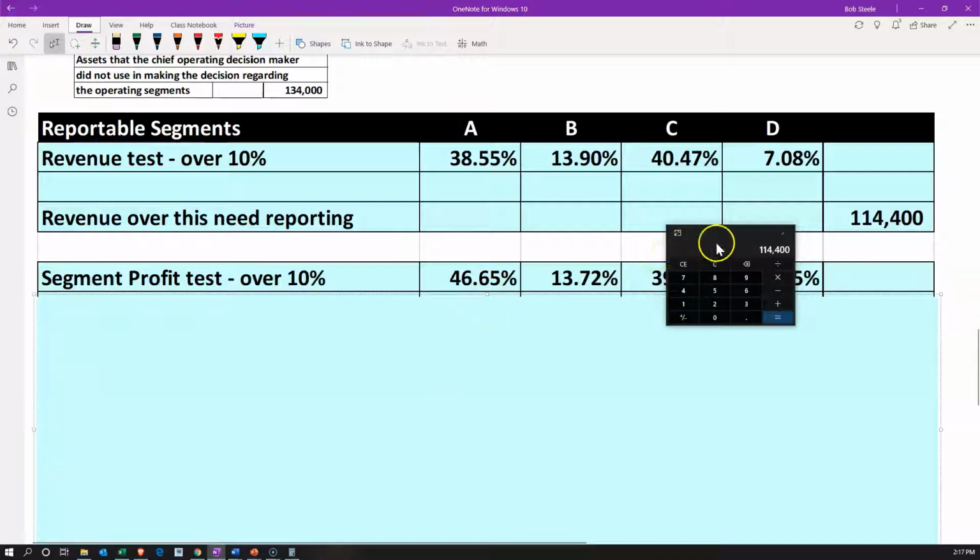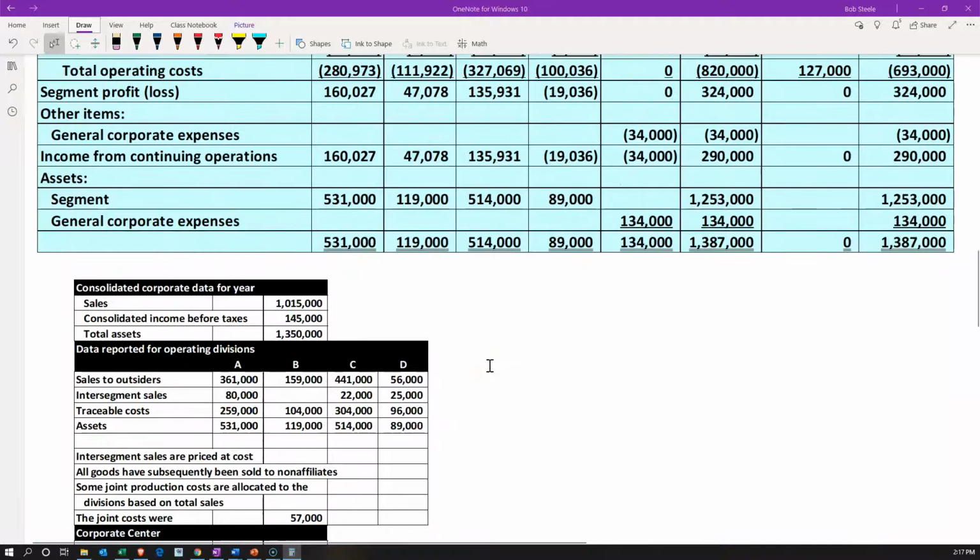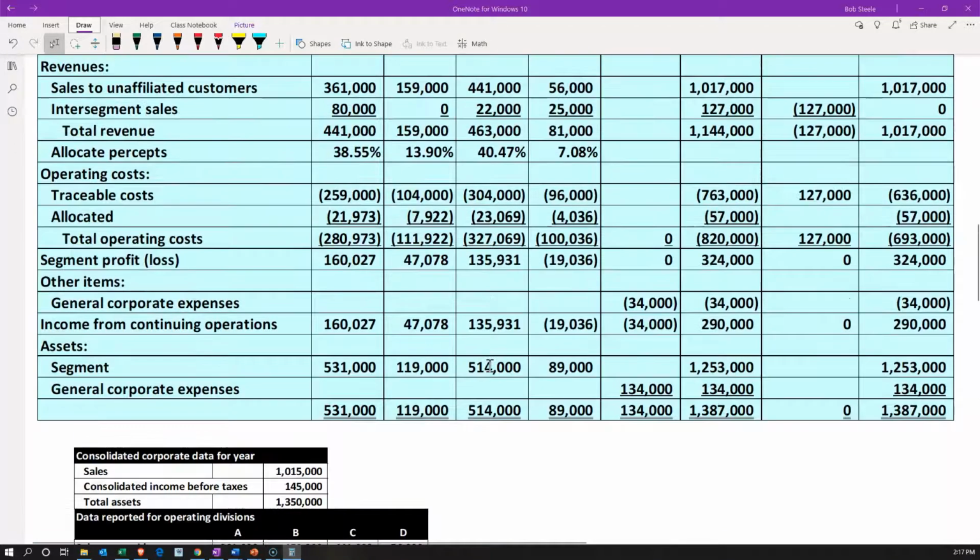Then we've got the test on the net income side of things. So we're gonna be doing our averages now. If we scroll back up top, we have our revenue, our expenses, and then the total operating. So here's the segment profit.